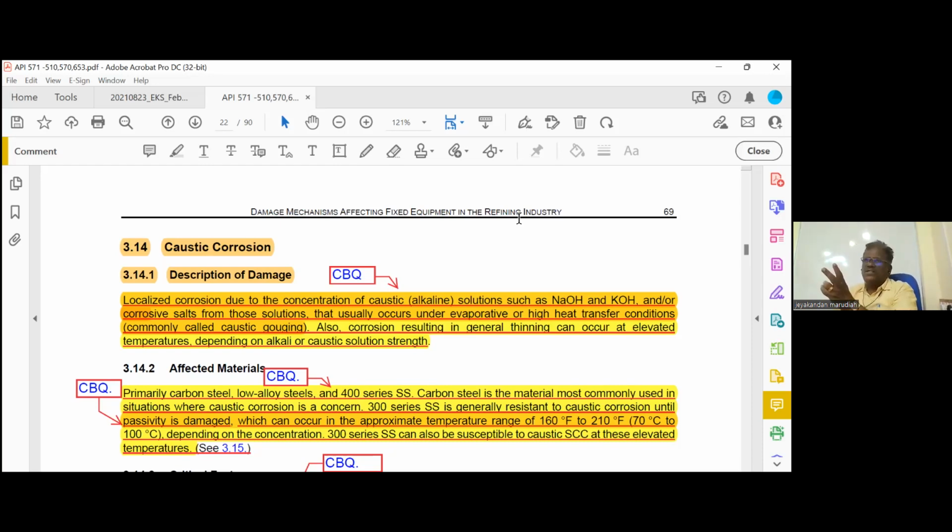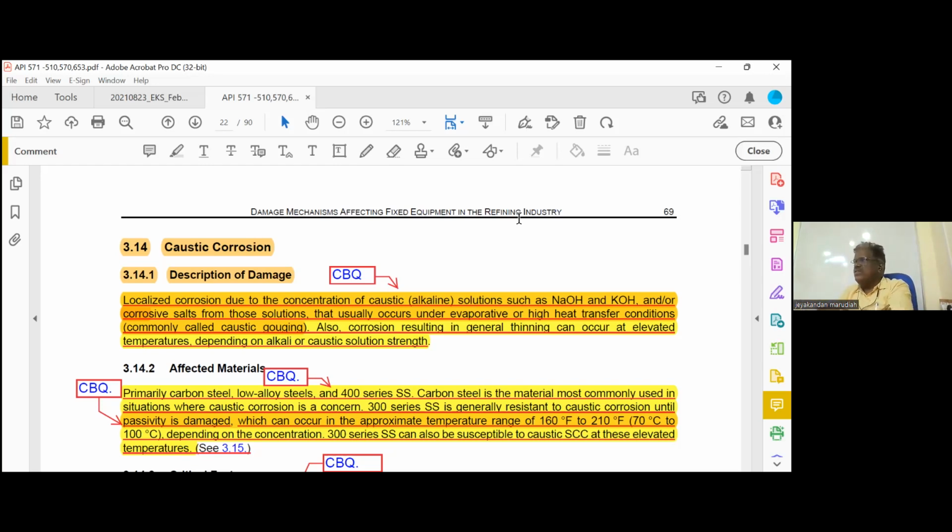There are two damage mechanisms. Caustic corrosion. Next one is stress corrosion. Both are related. Almost 75% of the damage mechanism is the same. Only at the end there will be a change. Okay. Now, first let us discuss caustic corrosion. Then we will go to the stress corrosion part. Now, where will the caustic corrosion occur? It is a boiler related damage.